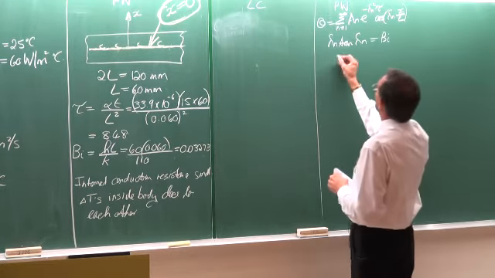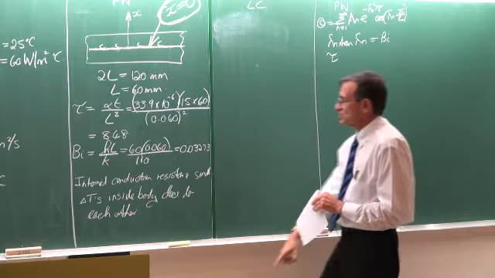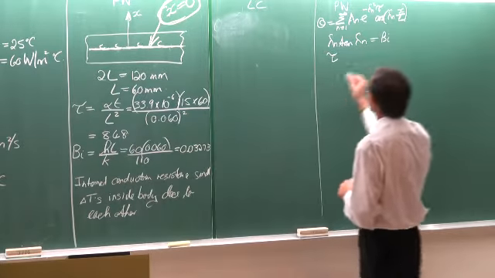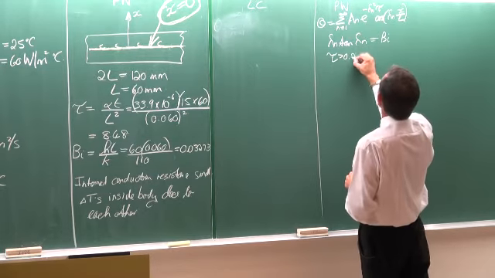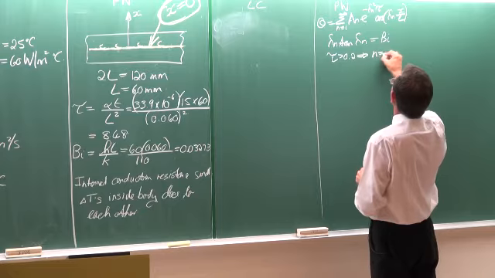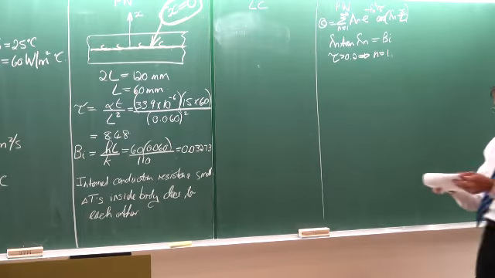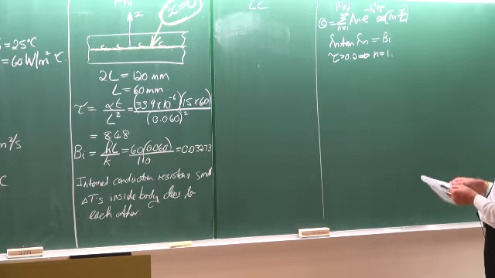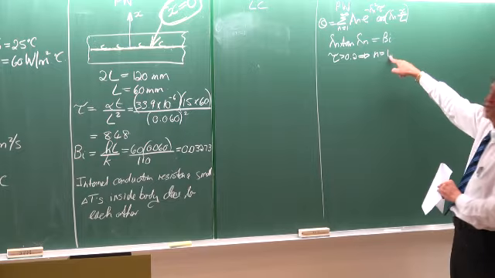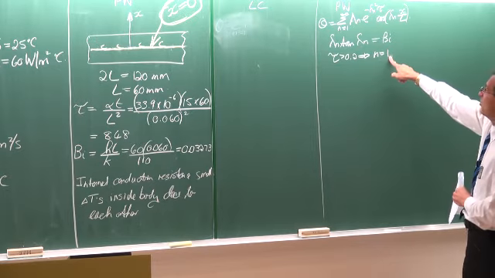Because tau is larger than 0.2, we only need to use n equal 1. So we do not have to go and solve the problem for n equal 1, 2, 3, etc. That's the first thing that we can notice from this equation.